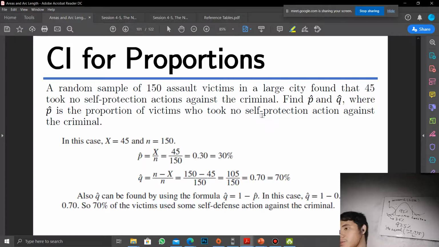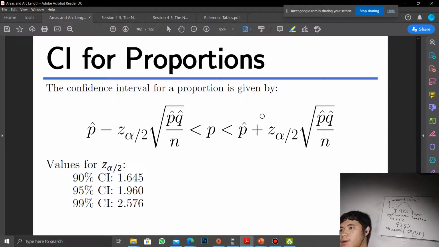And now, let me show you an example. This is the formula pala for confidence interval of a proportion. P hat minus z-score times square root of P hat Q hat over N less than P less than P hat plus Z alpha over 2 square root of P hat Q hat over N. Same values, no? Z alpha over 2 rin yung gamit. So, same method of getting that as I have taught you kanina.